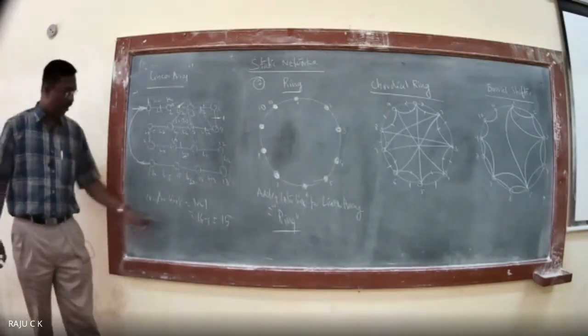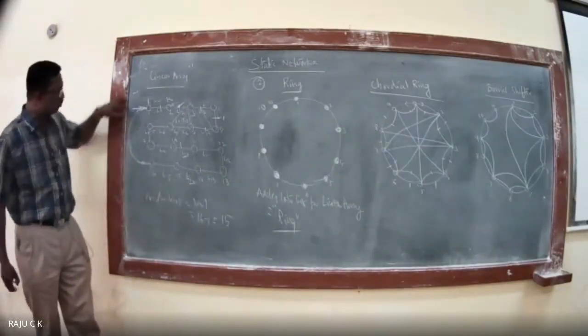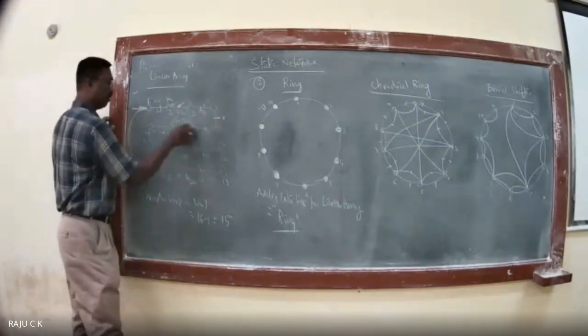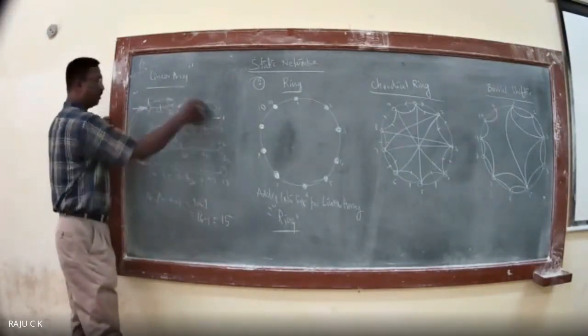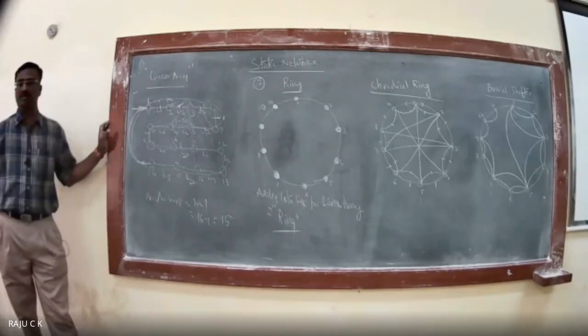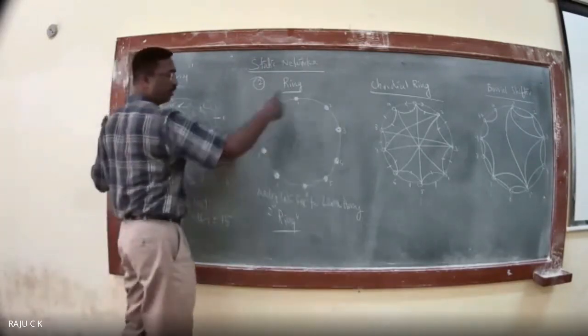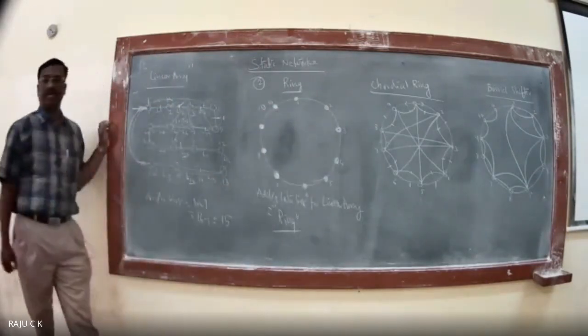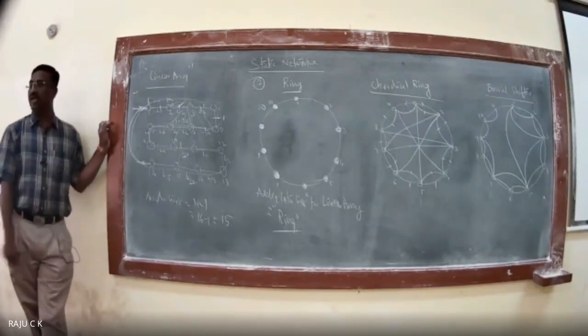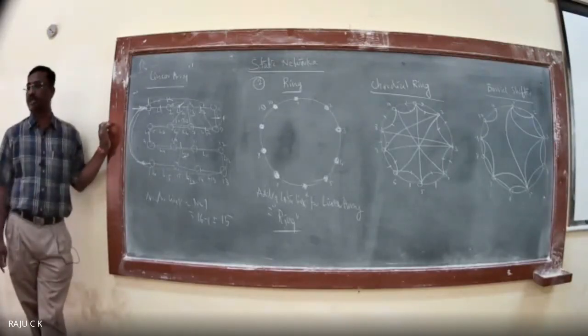So n minus 1 links is there, but I am adding one more. That will form a ring, in this form.